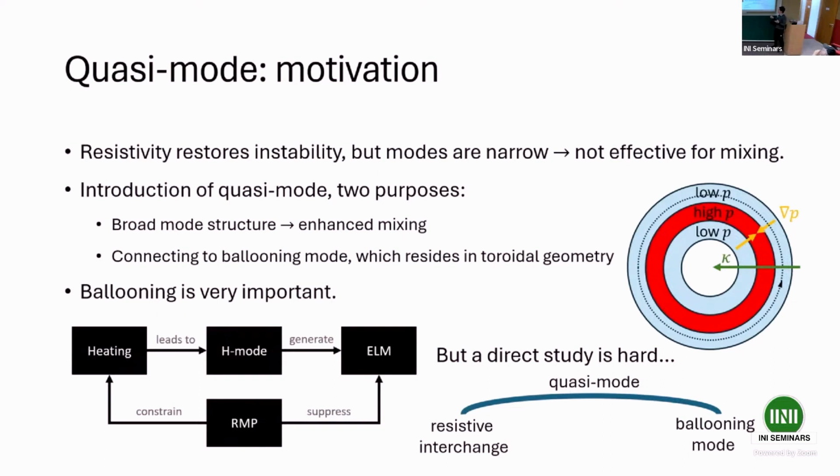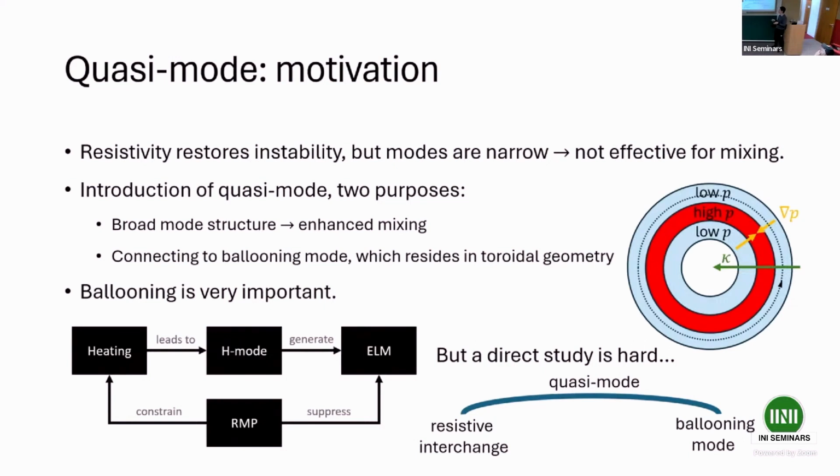This wave packet is called a quasi-mode, first introduced by Roberts and Taylor in their paper. Another purpose of introducing the quasi-mode is that it can connect to the ballooning mode. It has a very similar mode structure to the ballooning mode, and naturally serves as a bridge from the cylindrical world to the toroidal world.